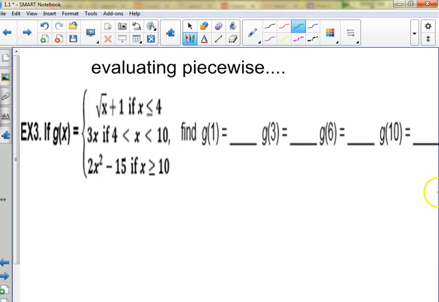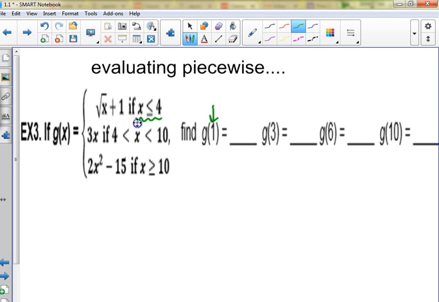Evaluating piecewise function. Actually, piecewise is going to be a whole separate category on a quiz eventually. You're going to have to graph them, but for today, all I want to know is evaluating. If I put a 1, which rule does a positive 1 go into? It says x is less than 4, then you use this rule, right?